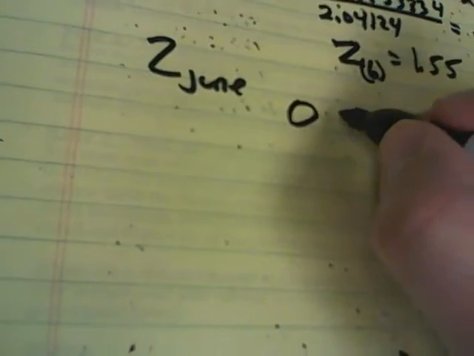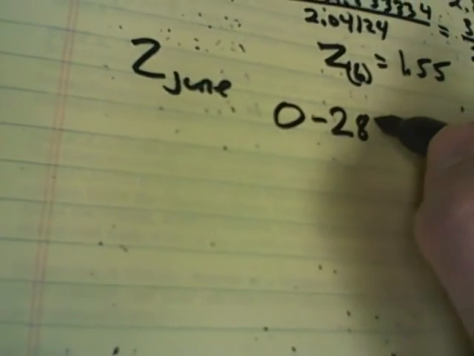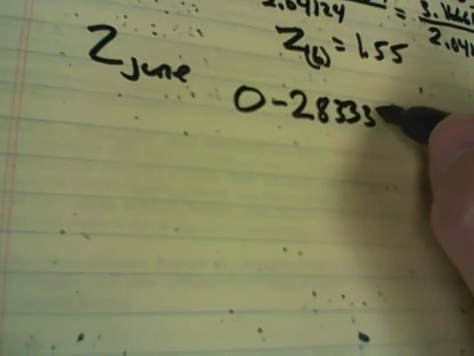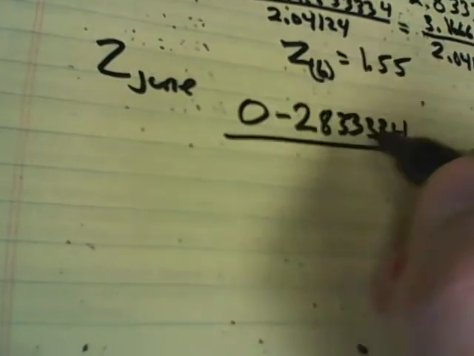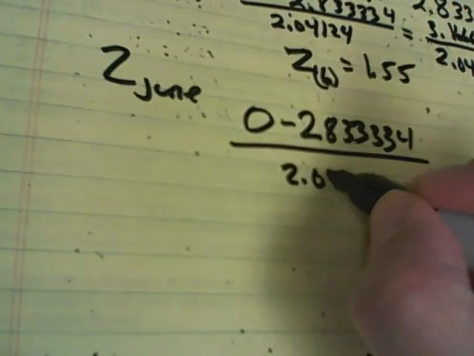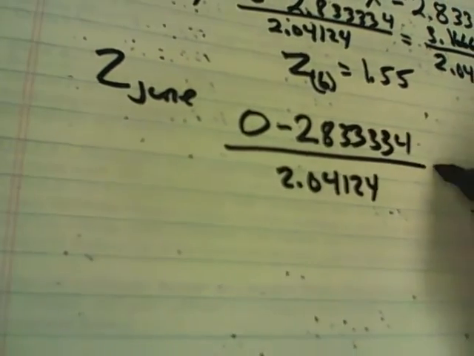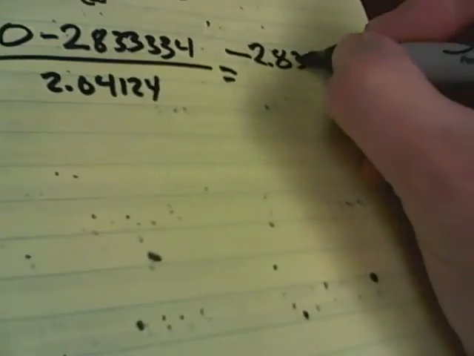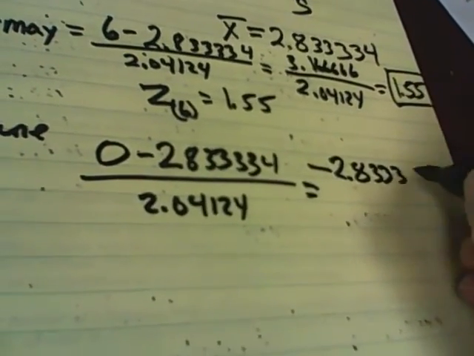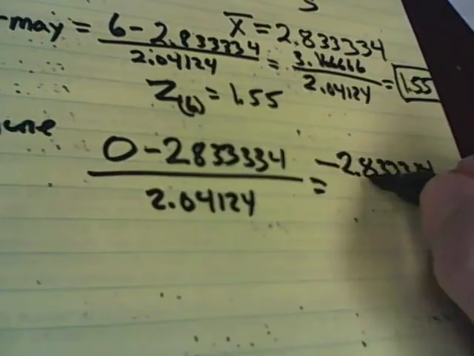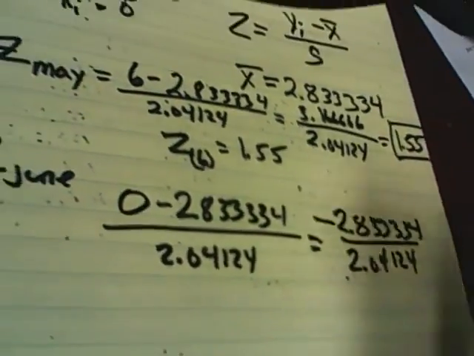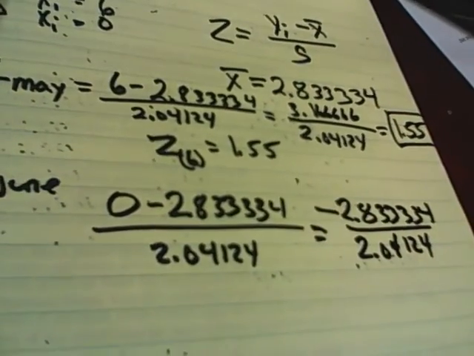Now for June, we do the same thing except we have 0. So 0 minus 2.833334 over 2.04124. That's going to be equal to negative 2.833334 over 2.04124. And we'll do that calculation now.